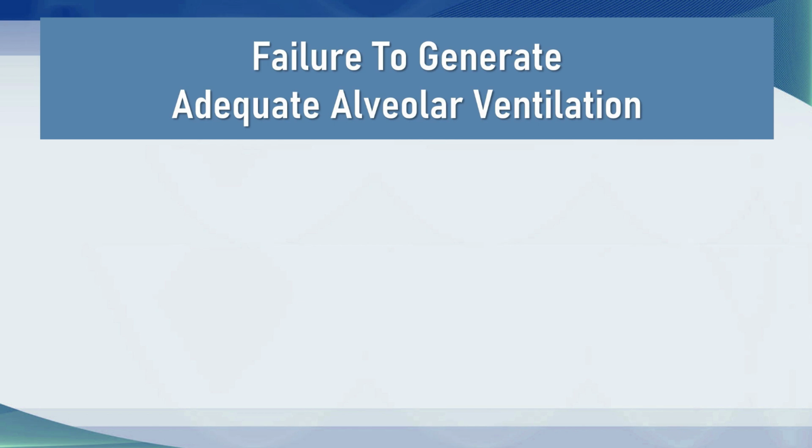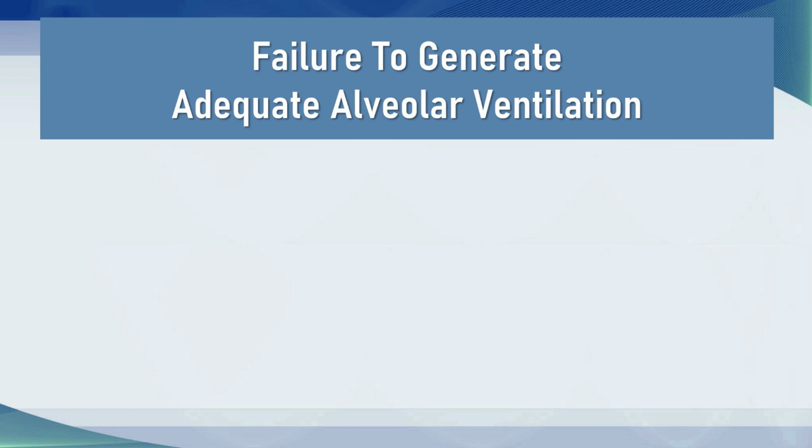This process requires adequate alveolar gas turnover to remove a minimum of 200 mL per minute, and it's known as alveolar ventilation. If alveolar ventilation is inadequate, carbon dioxide builds up in the body, the blood becomes more acidic, blood pressure falls, and the patient becomes somnolent. This may ultimately result in cardiac or respiratory arrest.